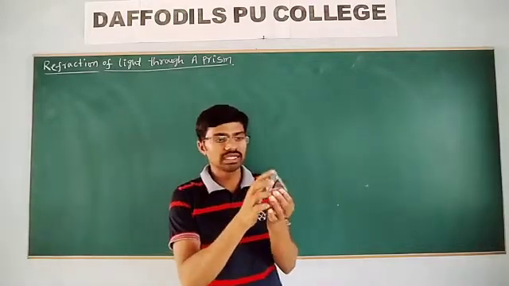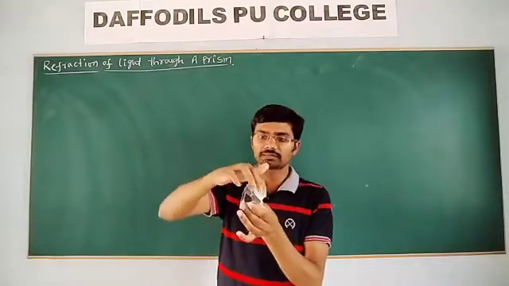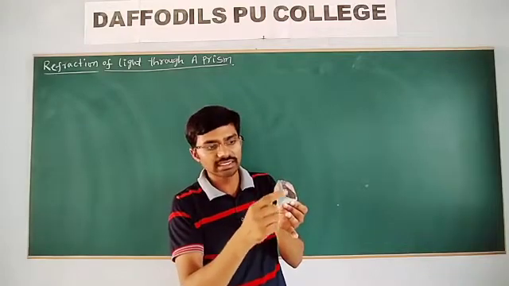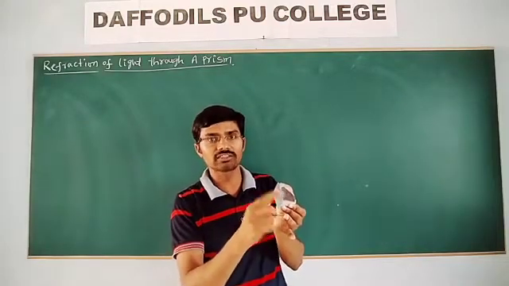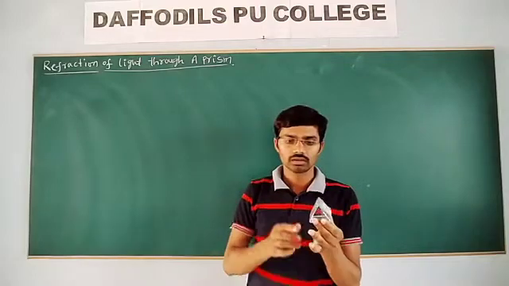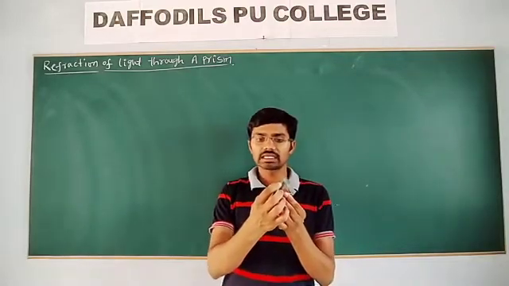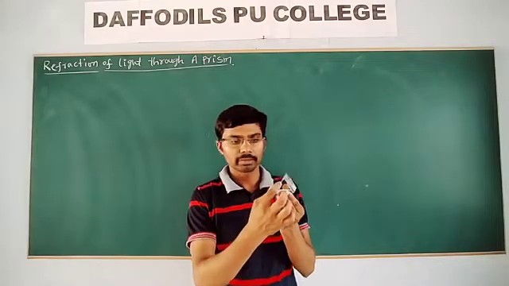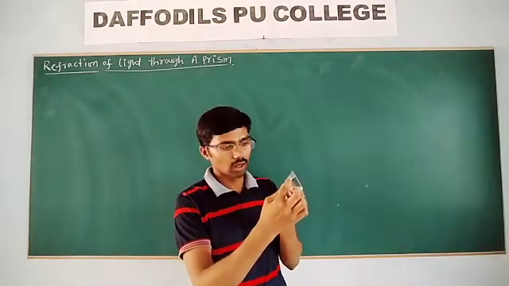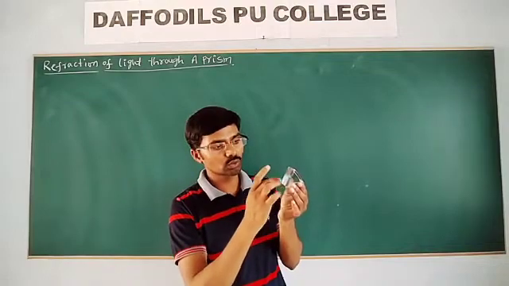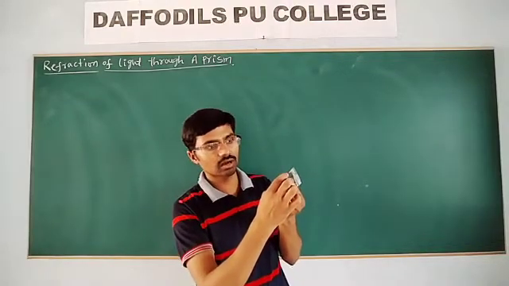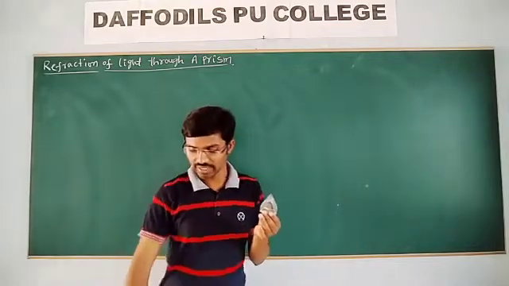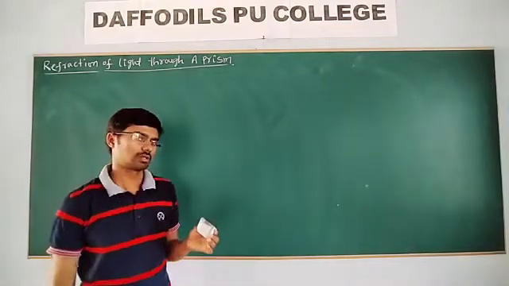Now, these two refracting faces of the prism are joined by this edge, called the refracting edge of the prism. These two surfaces maintain some angle. The angle between these two refracting faces of the prism is called the refracting angle of the prism.